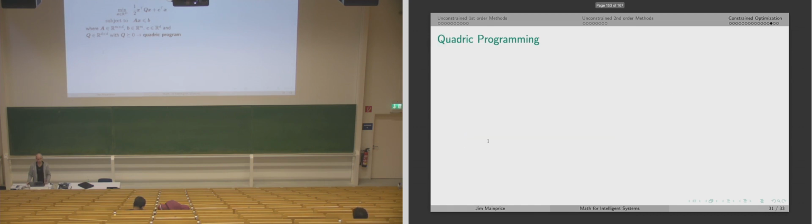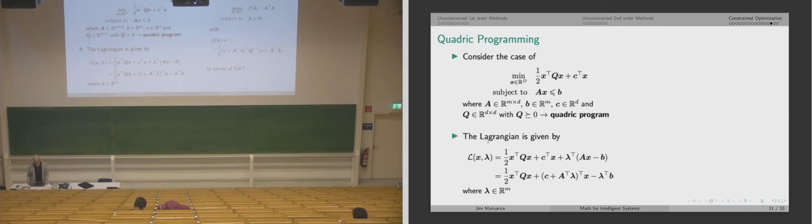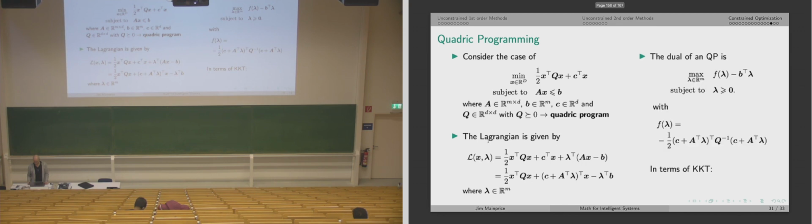Another class is the quadratic programming problems. Here we also have linear inequality constraints, but we have a quadratic objective. This is called a quadratic program. We can also compute the Lagrangian and then extract the dual problem.